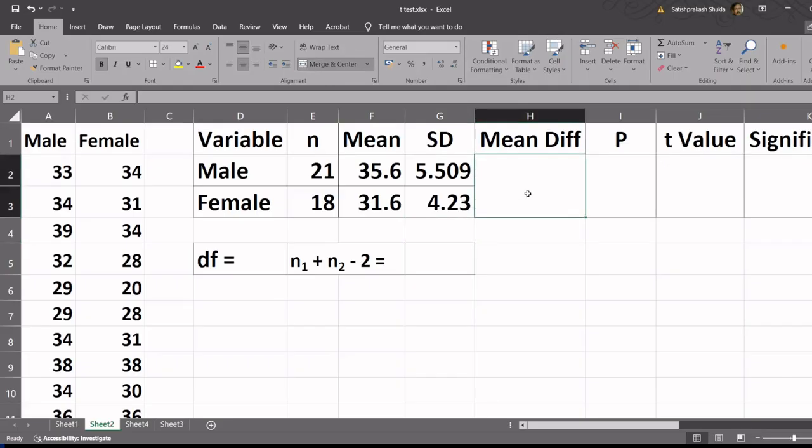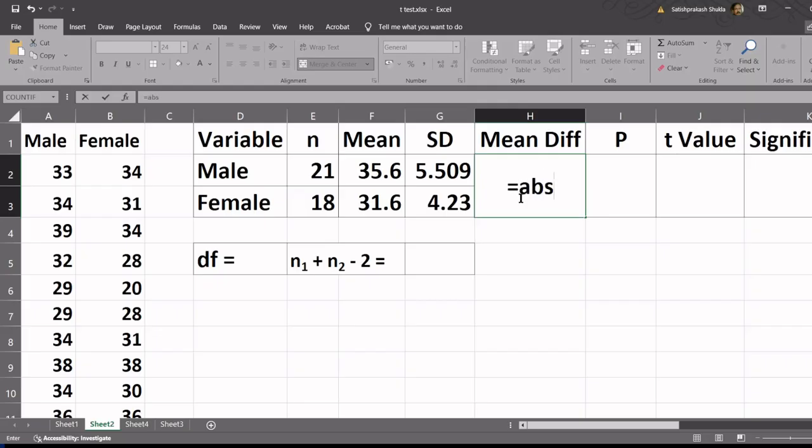Now, for mean difference, we have to remember the cell address in which the mean of male teachers and mean of female teachers are calculated. The mean of male teachers is calculated in F2 and mean of female teachers is calculated in F3. That we have to remember to find mean difference, and it will start with equal sign, then we will write ABS.